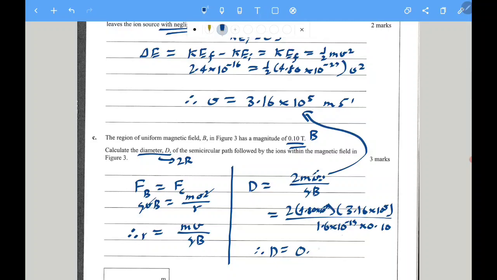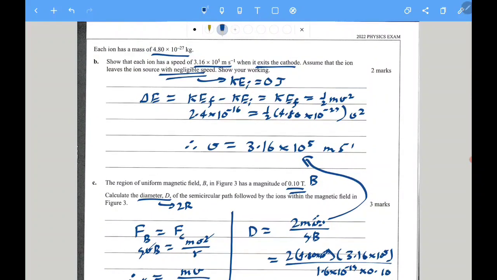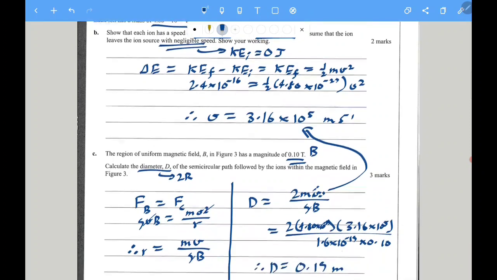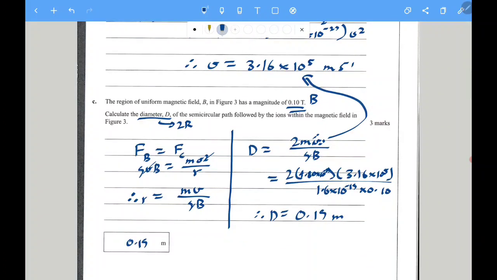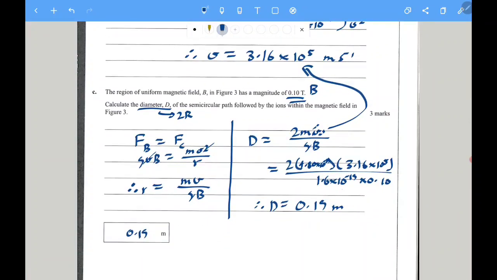Alright, so our answer would be 0.19 meters. Always good to double check, so substituting the mass, the charge, and magnetic field strength, make sure everything is in the standard units, no kilonewtons or grams in here. Yep, so that looks about right.